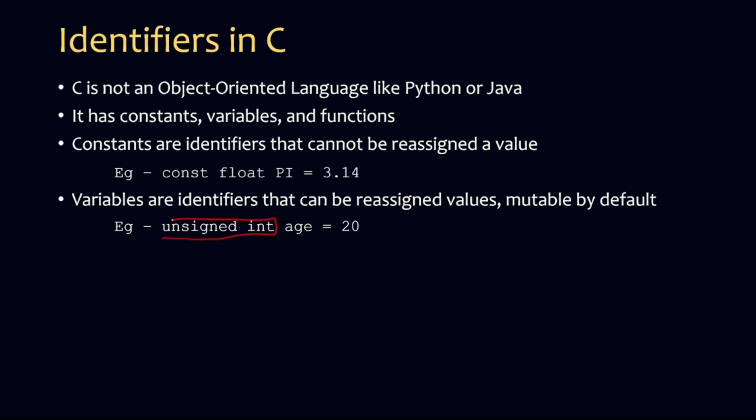This thing is the type of the variable, and this thing is the name of the variable, right? This name here identifies this whole variable. This is a variable declaration, and the name age helps us identify this variable that has the value 20.